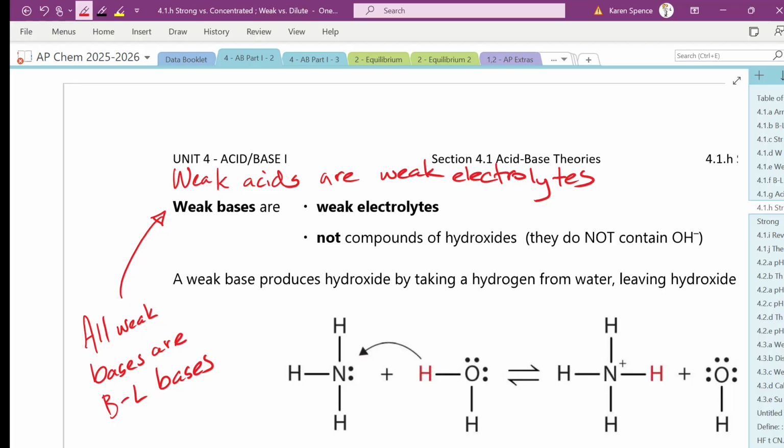So acids really don't care so much. Honestly, this is all a bit of a semantics game, so don't get too wound up about it. Semantics means words, wordplay, like just mucking about with words.